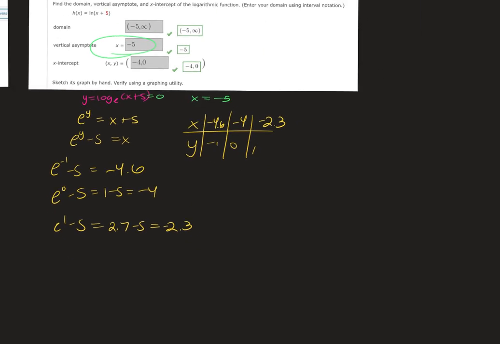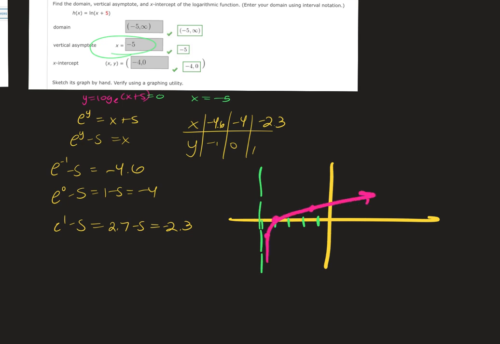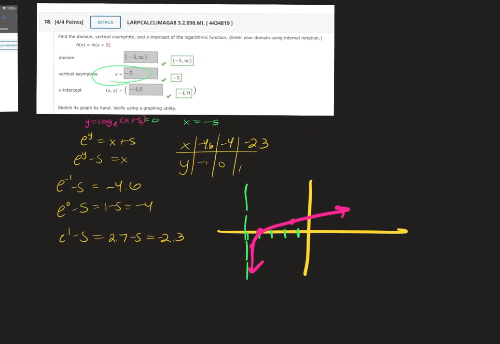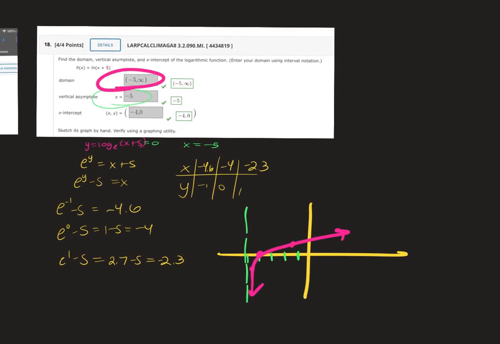So then when you go to graph it, you've got a vertical asymptote at -5. The points are -4.6, -1, then -4, 0, and -2.3, 1. So my domain is -5 to positive infinity because it starts at the vertical asymptote and goes to the right. And x-intercept, -4, 0.